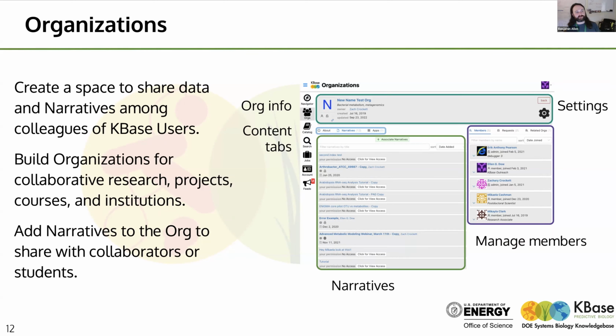So there's ways you can more easily maintain a controlled list of users that you want to share with as people enter and exit a lab or a research project, such that you can maintain access to the work that they've done on the platform.